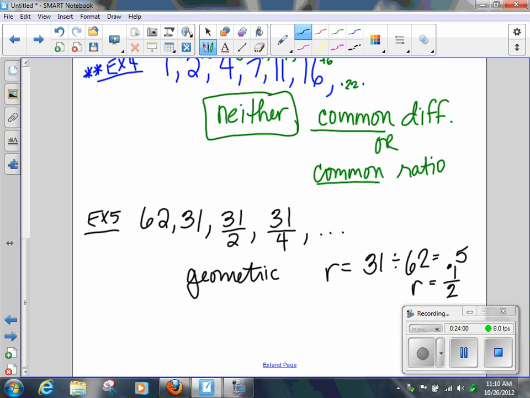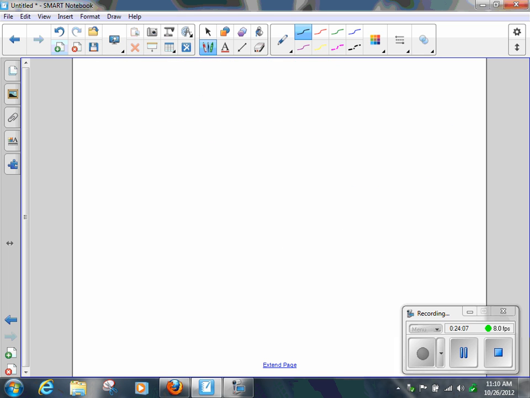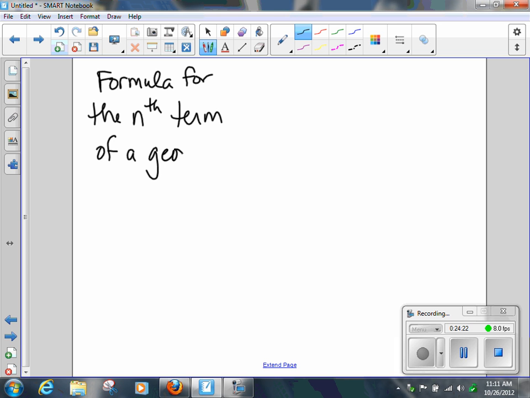But the next formula we're going to look at is the very first one on that formula sheet, okay? And we are going to look at the formula for finding the nth term of a geometric sequence.